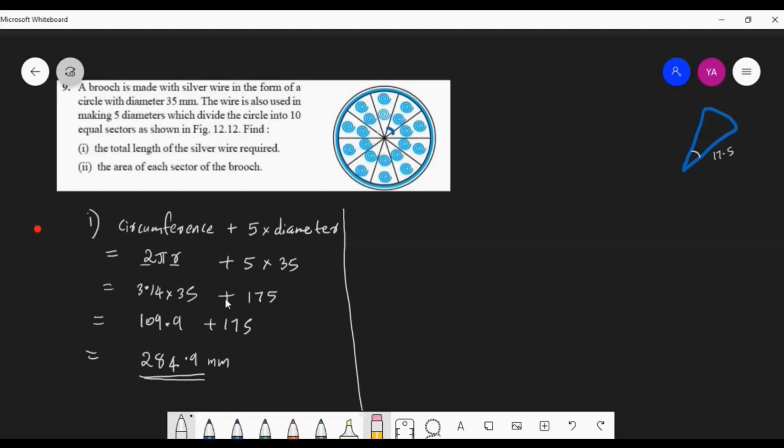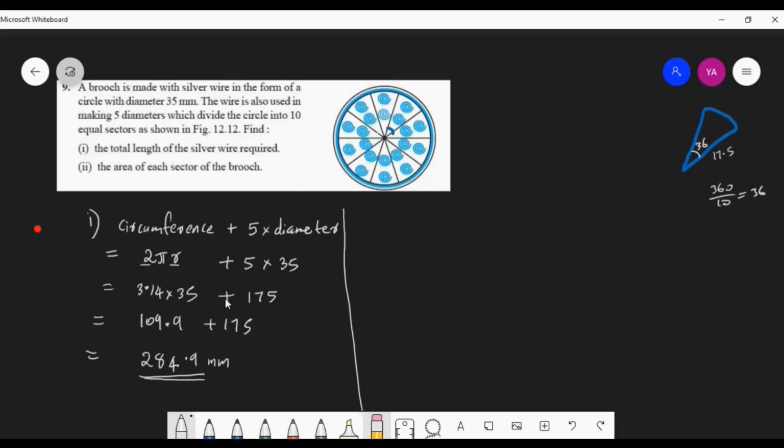In the question, you can see the circle is divided into 10 equal sectors. So the angles of these small sectors will be equal. You can divide the complete angle 360 by 10, and you will get 36. So the angle of the sector will be 36.